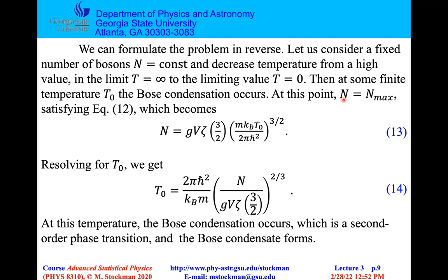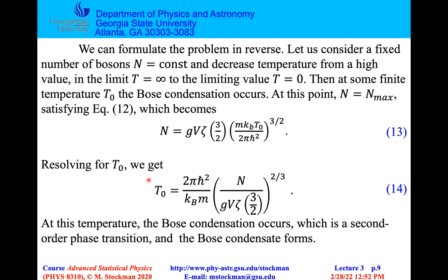At this point, exactly when Bose condensation starts, by definition, n is equal to n max. So there are as many particles as the system can regularly accommodate. So n is n max, and I have the formula for n max. I only replace temperature by T0. The statement that at T0, n is equal to n max is the definition of T0. T0 is the temperature at which Bose condensation starts.